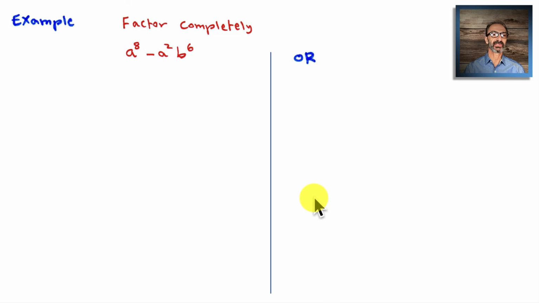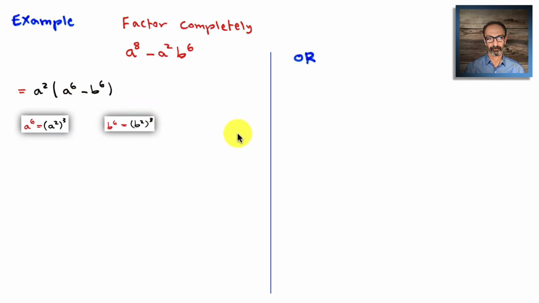Now, this is a little bit lengthy, and I have two different ways to do it. Let me show you how. So, by factoring a to the second first, because that's the best way to start, I could see a to the 6 minus b to the 6 left for me. I could look at this in two different ways. Here's one way. I could look at this as a cube, and this as a cube.